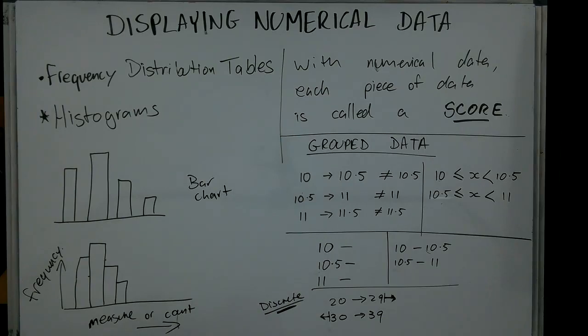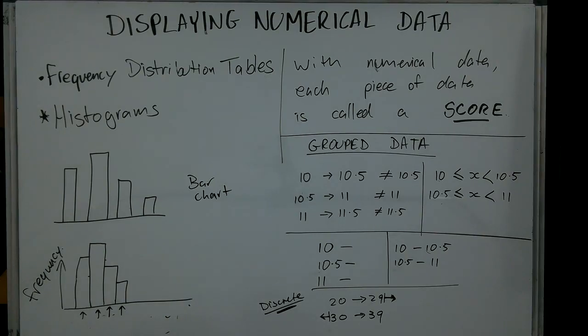Alright, if the data is ungrouped, then the labels on the horizontal axis, this way, are positioned under the center of each column.